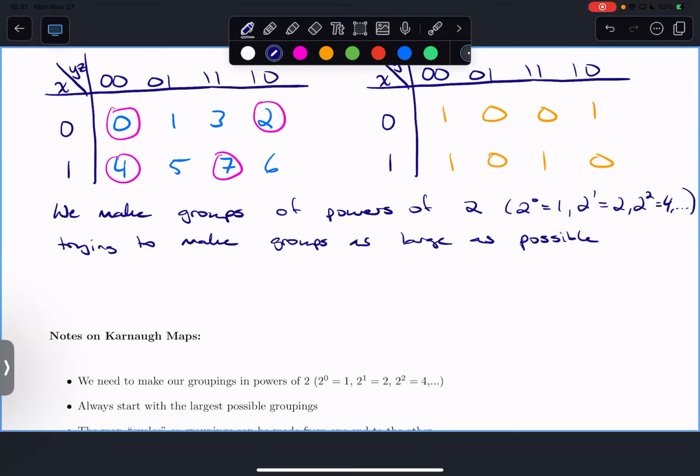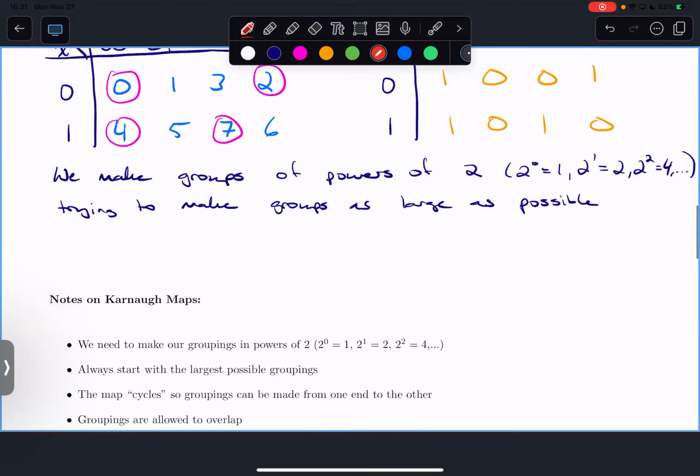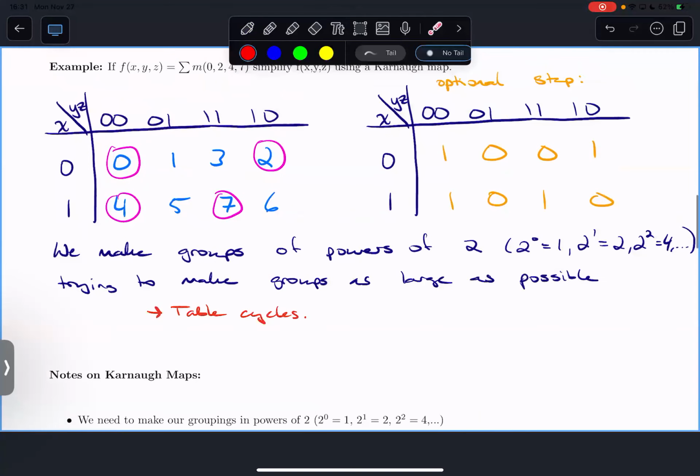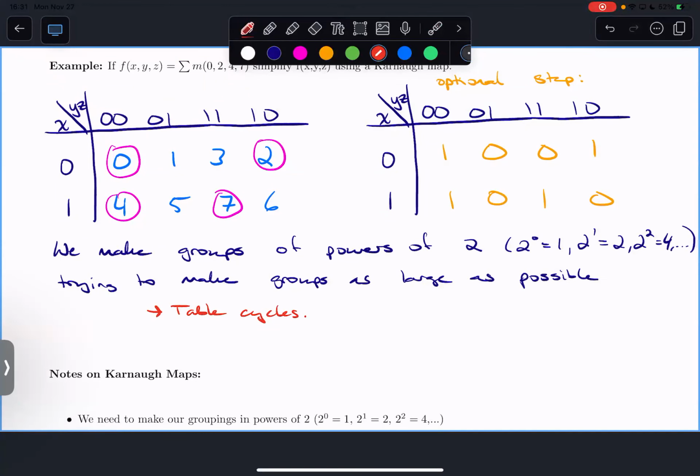And one thing to note, and I'll do it in red, is that the table cycles. What I mean by that is that this 1, 0, we picked starting at 0, 0 arbitrarily. We could have started at any point if we wanted to. And so we could have started at 1, 0, which means that this becomes this roll, right? That might be a fun project.